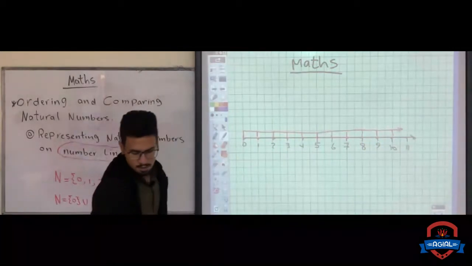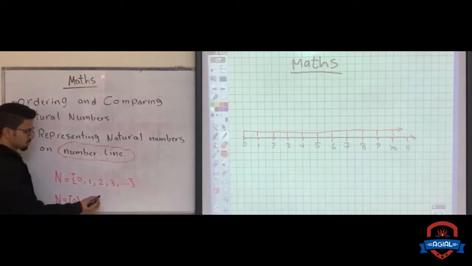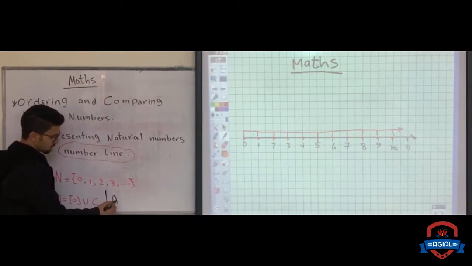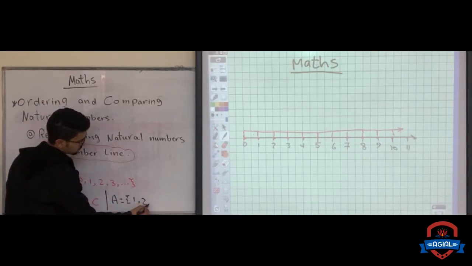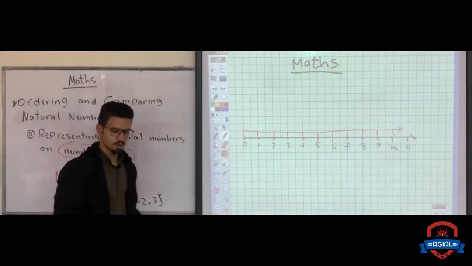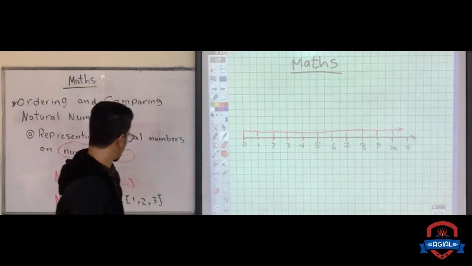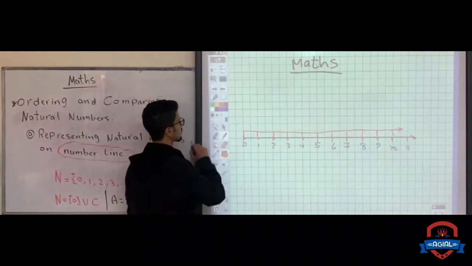Now let's take this example. Represent the set A that equals the elements 1, 2, 3 on the number line. So we have to draw the number line, and we have these elements 1, 2, 3, and we need to represent them on the number line.